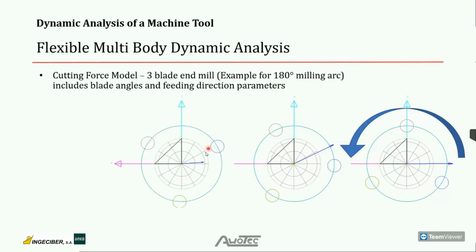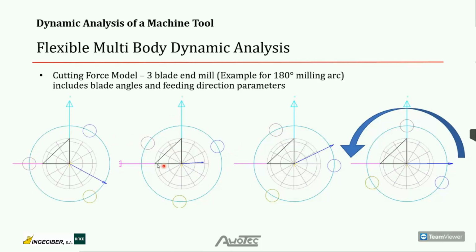This can be continued, so we rotate 30 degrees further. Both cutting blades are in action, and we see that the force direction is rotating back a little bit in the horizontal position.